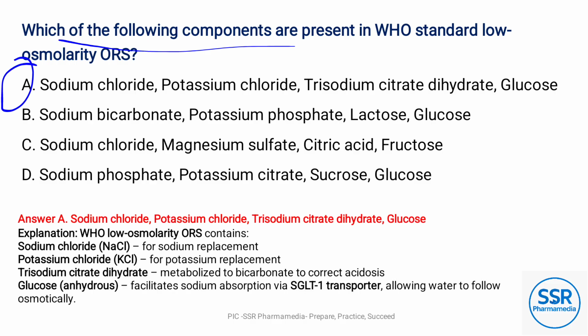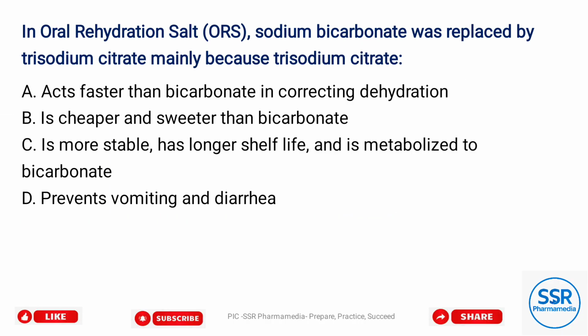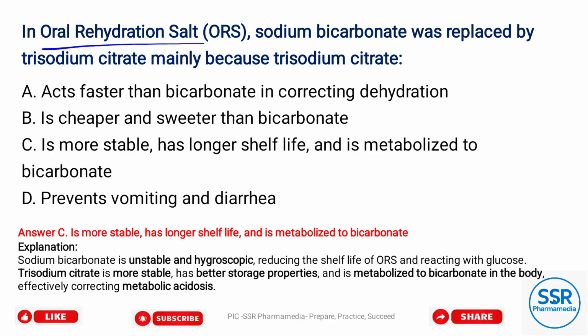Option A, sodium chloride, potassium chloride, trisodium citrate dihydrate and glucose. In ORS, sodium bicarbonate was replaced by trisodium citrate mainly because trisodium citrate, option C, is more stable, has longer shelf life and is metabolized to bicarbonate.